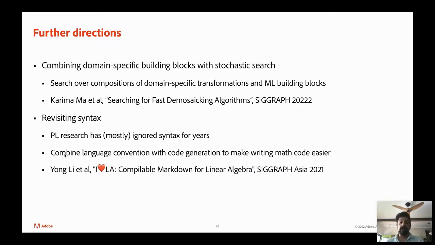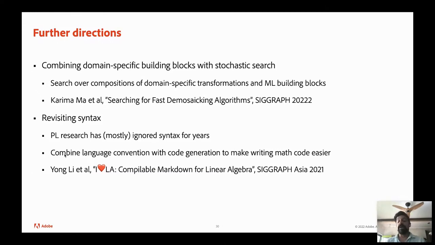So our inspiration really was whiteboard math, and we tried to create a language that looks as close as possible to whiteboard math, so that a person looking at a piece of code in iHeart LA will see something that looks like math they're used to seeing written on whiteboards, written in papers, and then we can compile that down to LaTeX code.